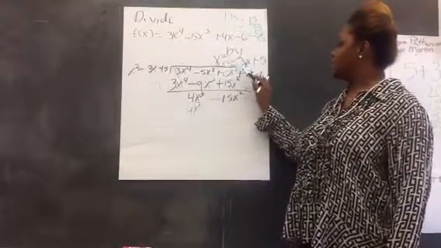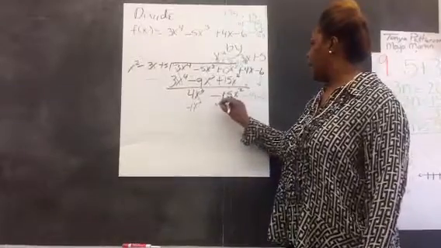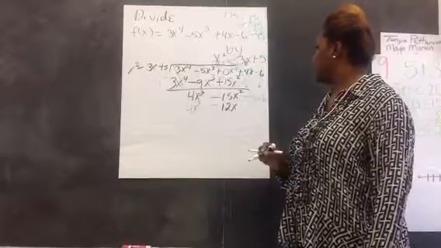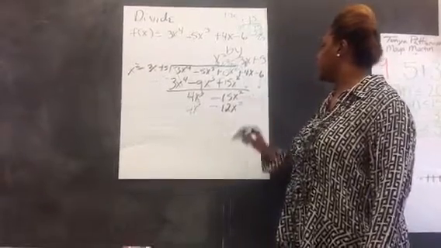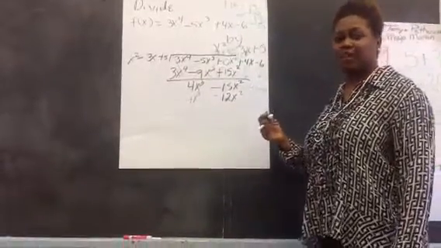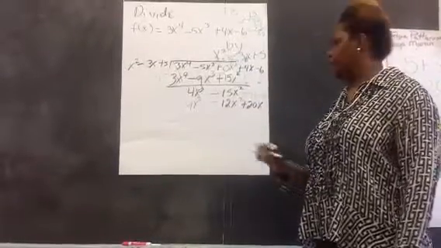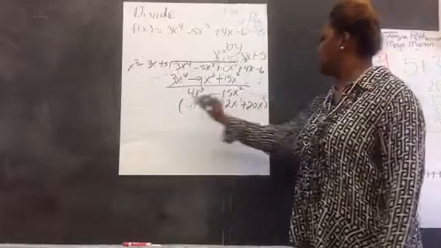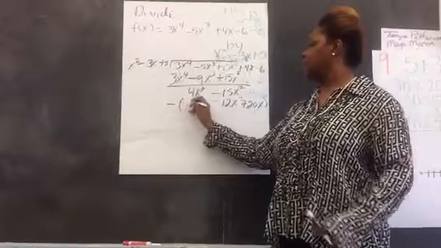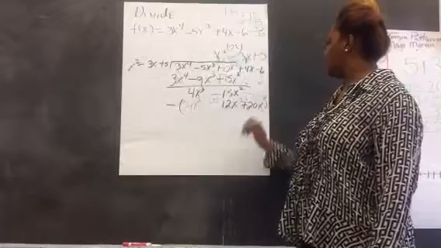A positive 4x times the next term, which is a negative 3x, will give me a negative 12x squared. A positive 4x times 5, well, 4 and 5, it gives you 20. A positive 20x. And then you're going to take this whole expression and you're going to subtract. When you subtract the whole expression, you're going to change signs. That's going to give you a negative 4, a positive 12, a negative 20.